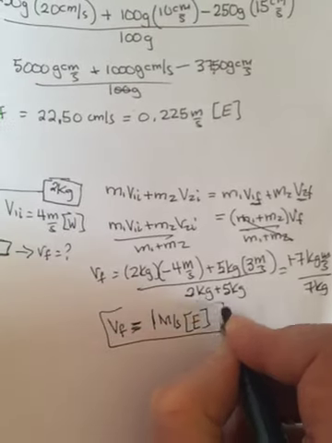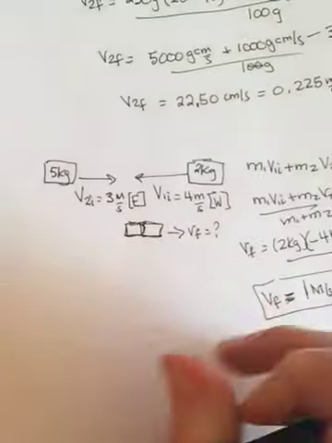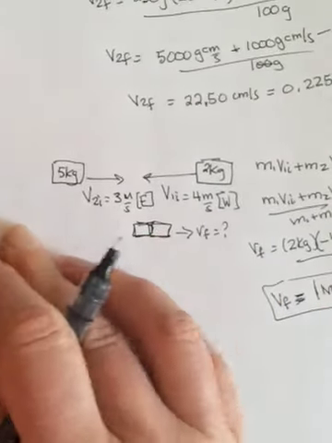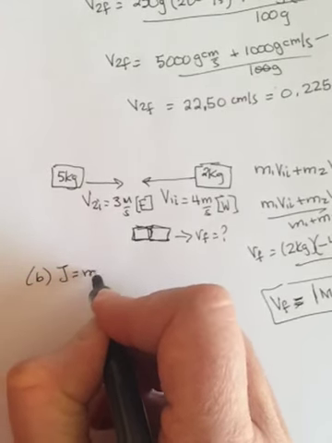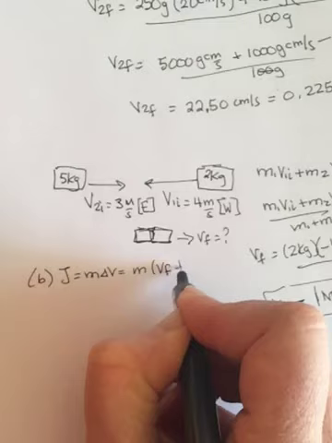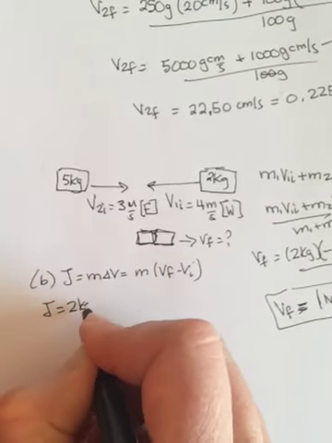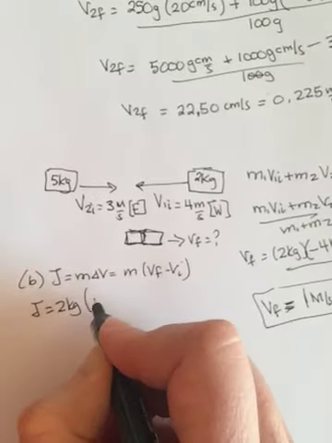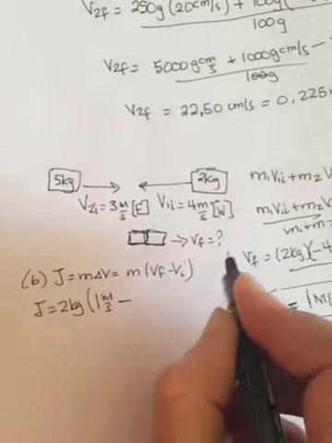Okay, that's part A. There's actually a part B to number 5 that wants to know the impulse on the red cart. So J is equal to m delta v, or m (VF minus VI). So the red cart's mass was 2 kilograms. The VF is what we just found, 1 meter per second, and it was east, so it goes in as positive.